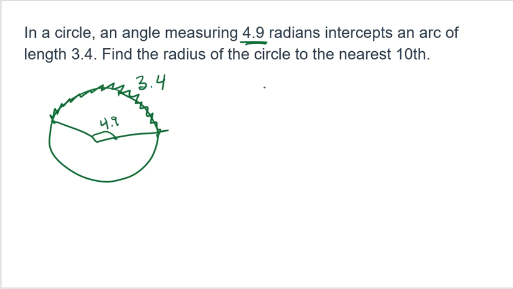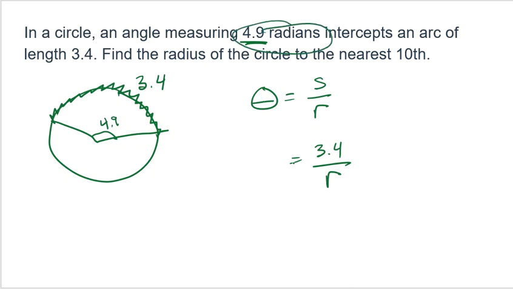Once again, I know a great formula. Theta equals S divided by R. All I got to do is fill everything in. The arc length is 3.4. I'm looking to solve for the radius, and the angle needs to be in radians, which it is. That's a good thing. So 4.9. Now all I got to do is cross multiply to solve. So I get 4.9 R equals 3.4.